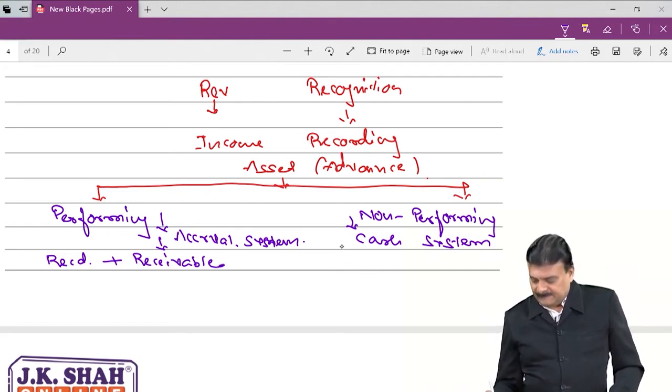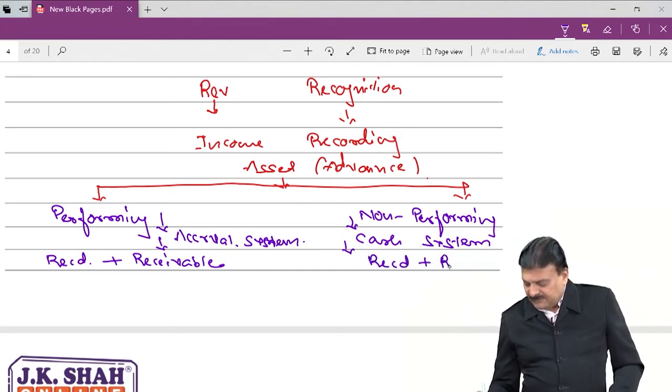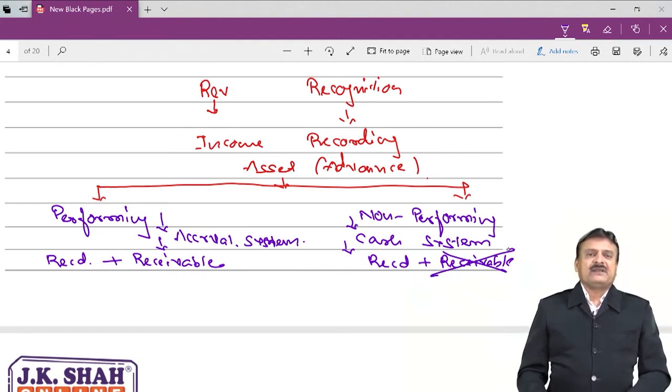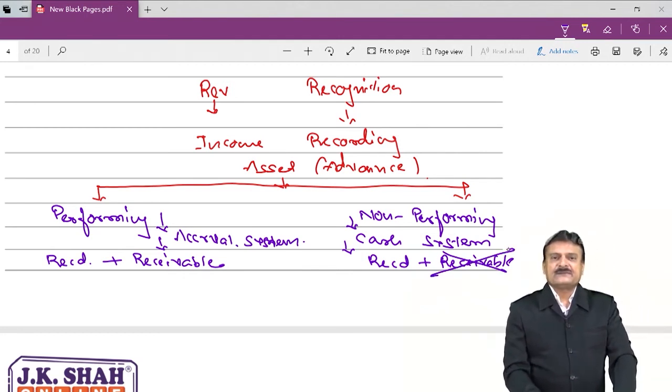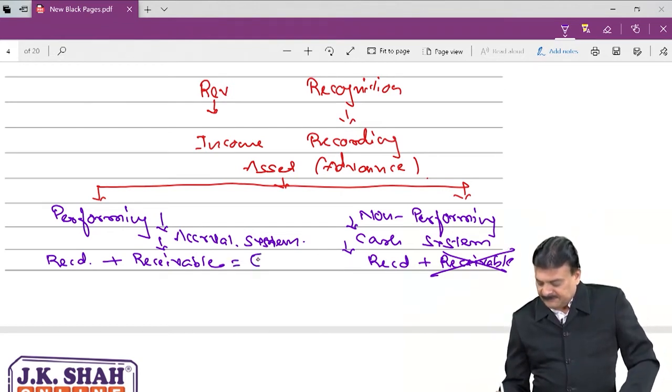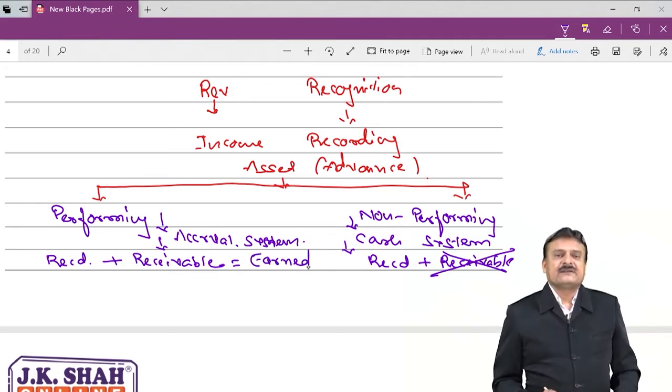Cash system means what? You should record only and only interest and discount received. The word receivable is not considered for NPAs, non-performing assets. This one I can also say receipt plus receivable means what? I will record interest earned.